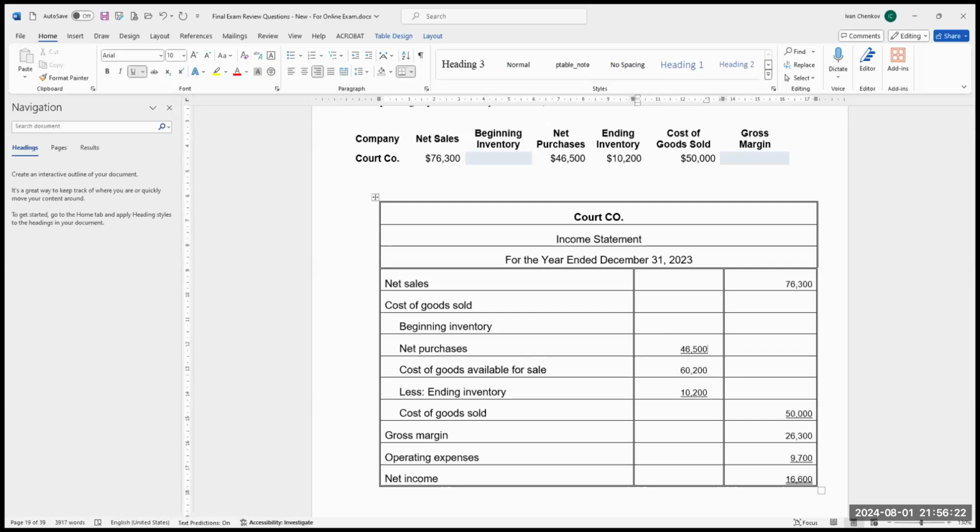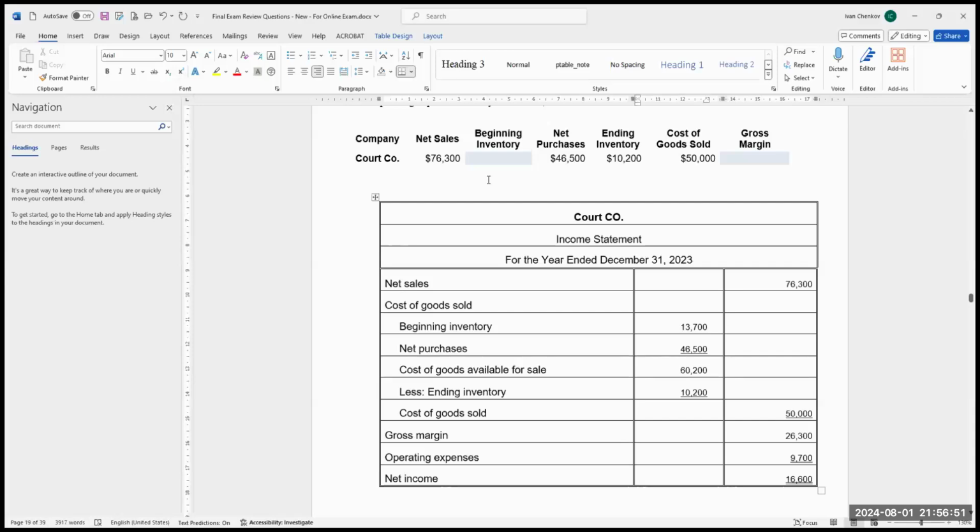And if this is the total of net purchases and beginning inventory, and 46,500 is out of 60,200, what's the beginning inventory? Obviously, 60,200 minus 46,500, and that's going to be 13,700, and that should be your answer for this question.